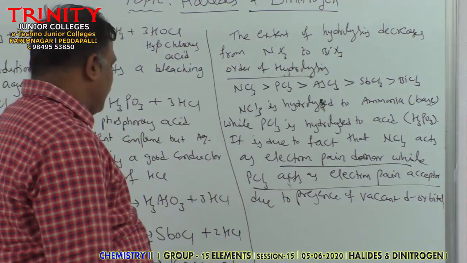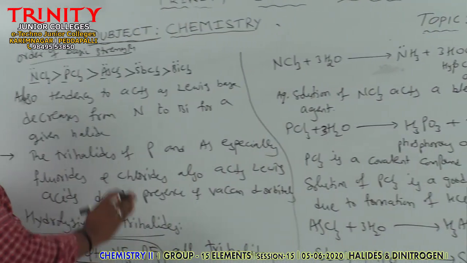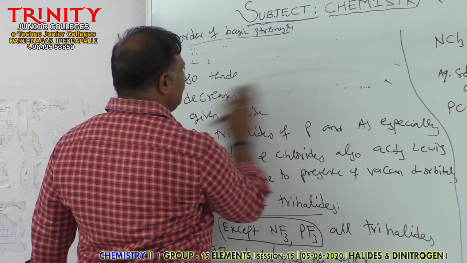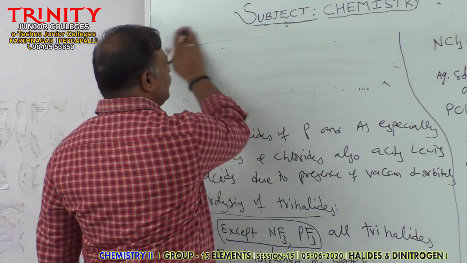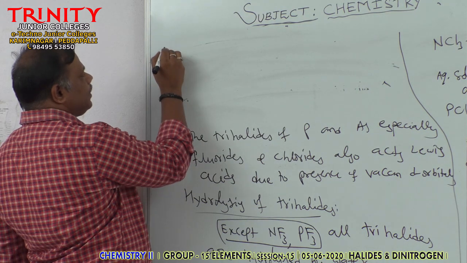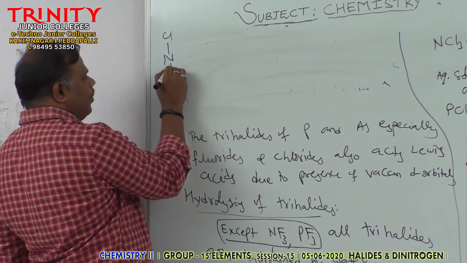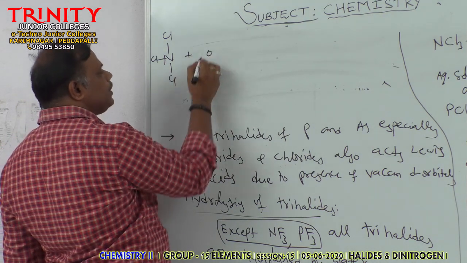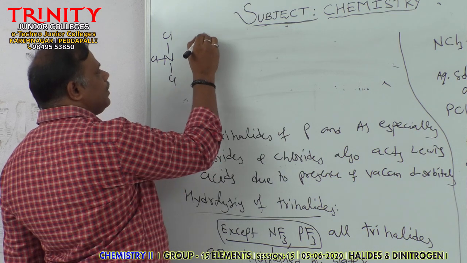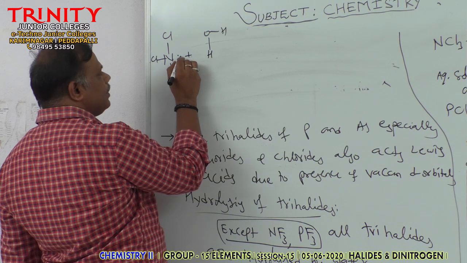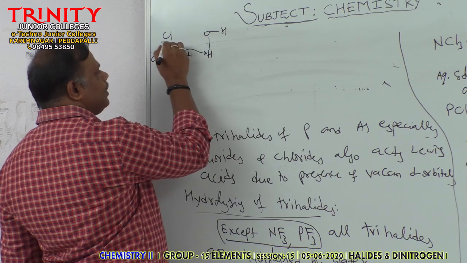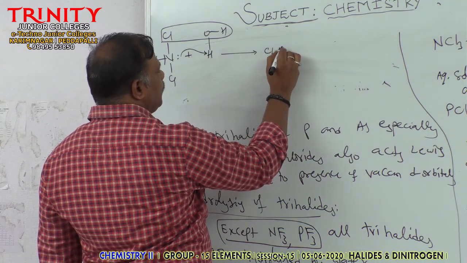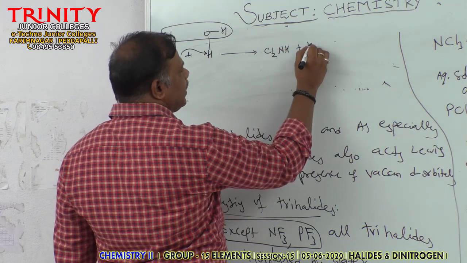So how does NCl3 act as an electron pair donor? In the reaction, NCl3 has nitrogen bonded to chlorine, and H2O is added with H and OH. The lone pair on nitrogen is transferred to H, then HOCl is eliminated, giving Cl2NH plus HOCl.